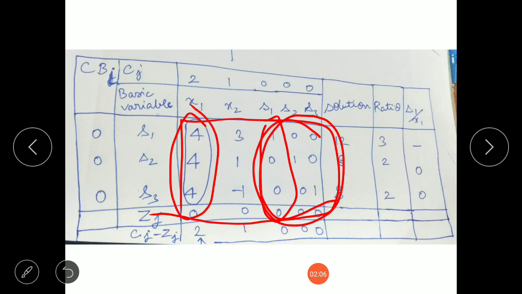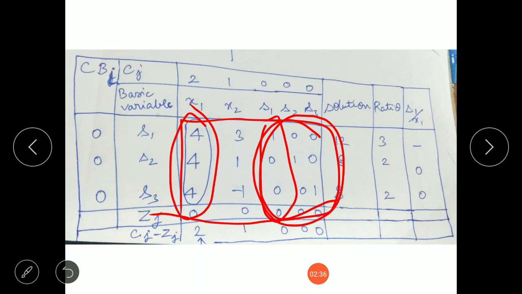So S1 divided by X1. It will not always be X1 in each and every question. X1 or X2 or X3 will depend upon which one is your key column. So it is S1 divided by X1 here. Since we need to take only those elements where the tie has occurred, we will find the ratio for those elements only.